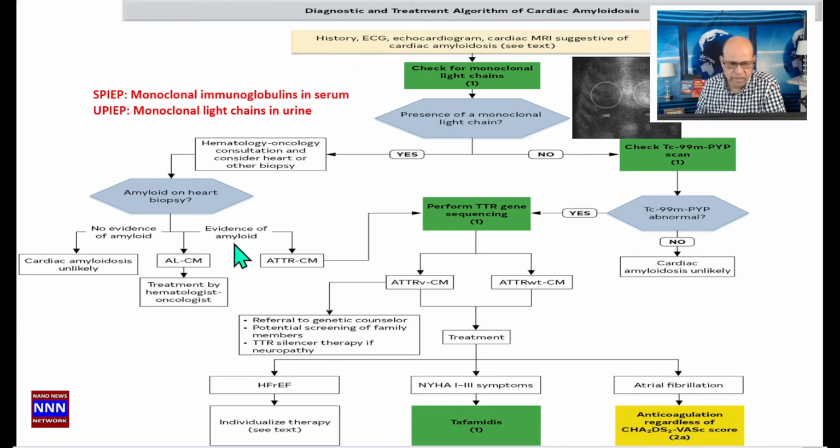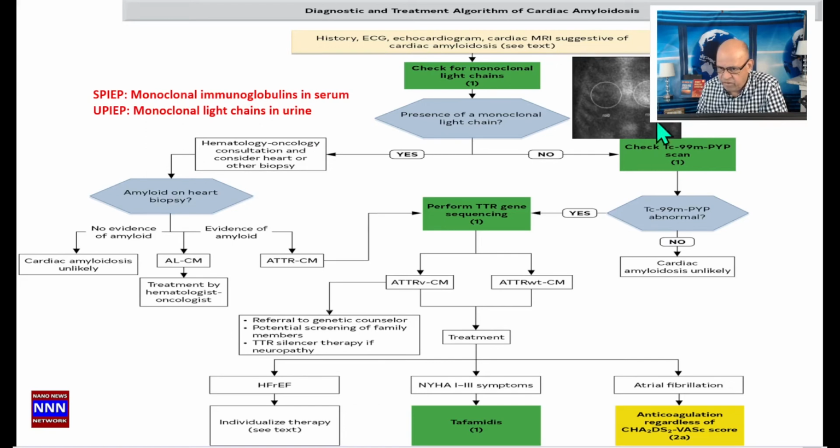On the other hand, if there is evidence of ATTR amyloid, these patients are evaluated for TTR genetic mutation, and of course in these patients the technetium pyrophosphate scans will be strongly positive compared to those with light chain amyloid disease.